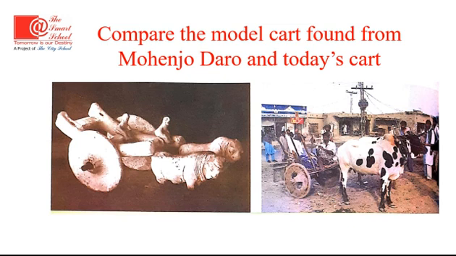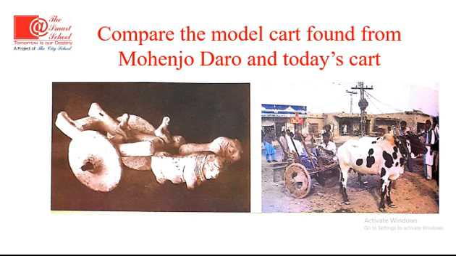Now let's compare the model cart found from Mohenjo-daro and today's cart. This is the model cart which is found from Mohenjo-daro, and this is the cart used today. So you have observed the two carts.